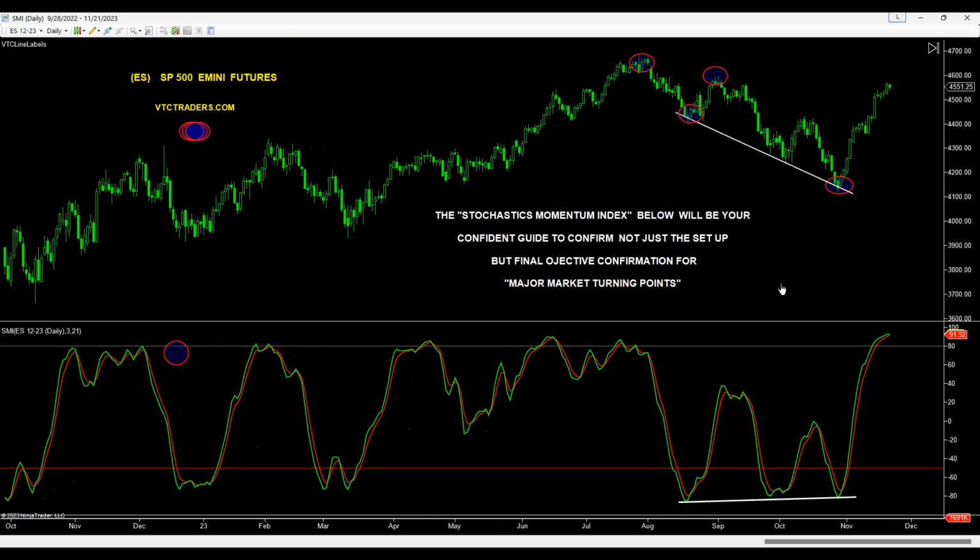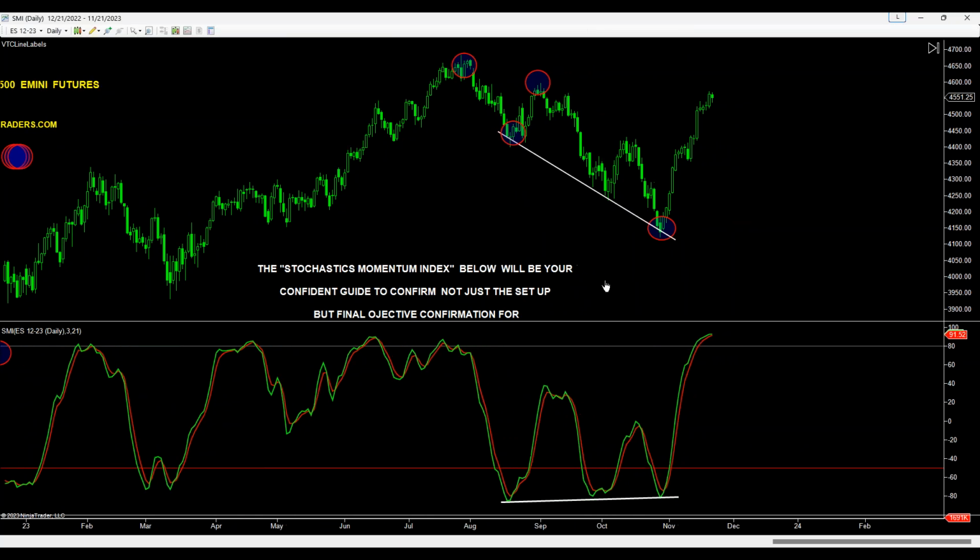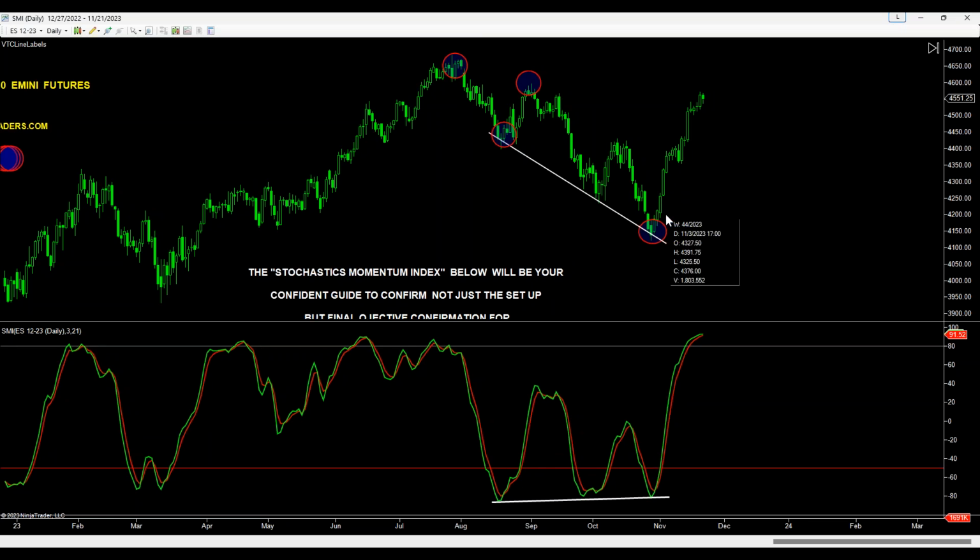And here we are. Here we go. And there it is. So the earliest warning or heads up would have been on the 30th on YM, and then here the 31st, right there, 10/31 on ES, when you had it.